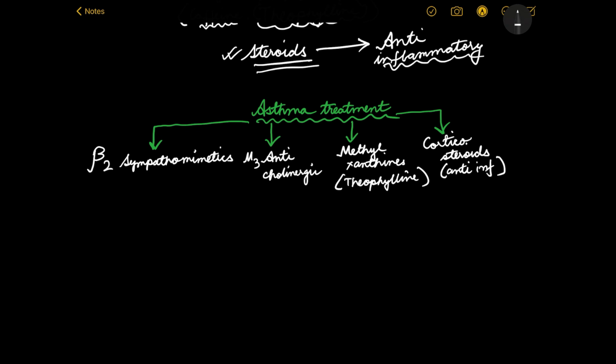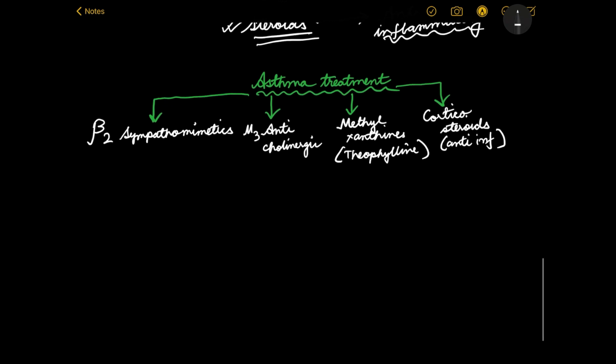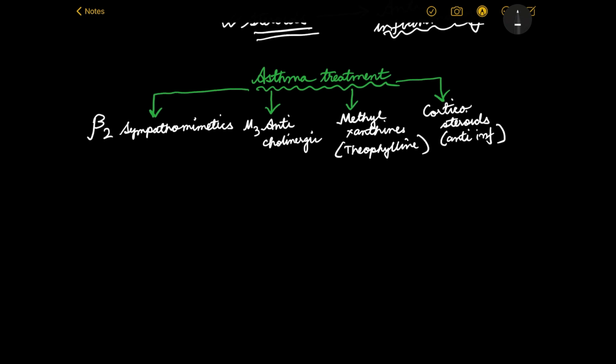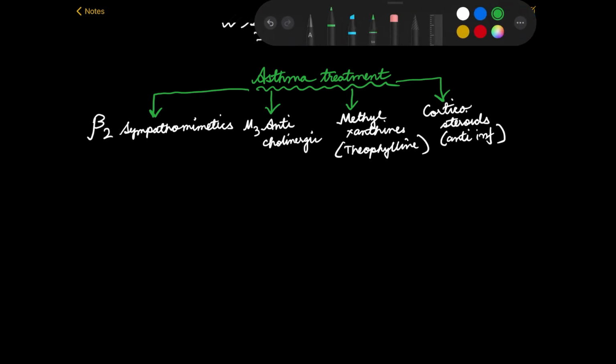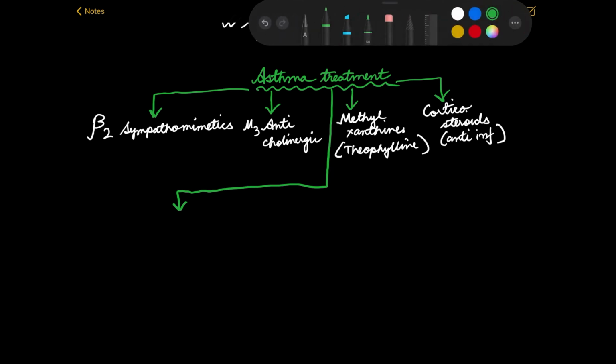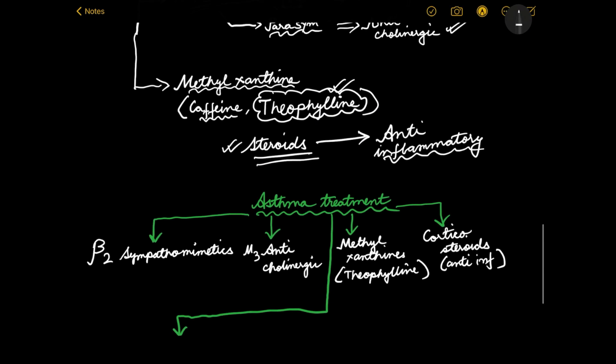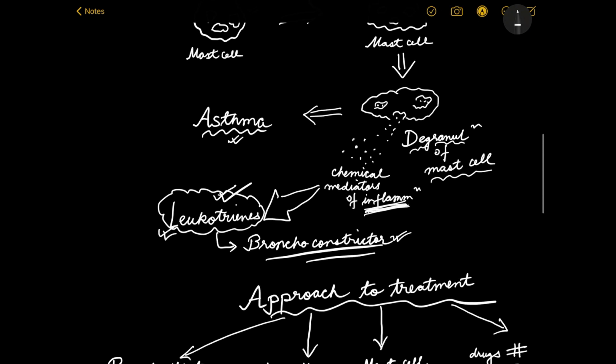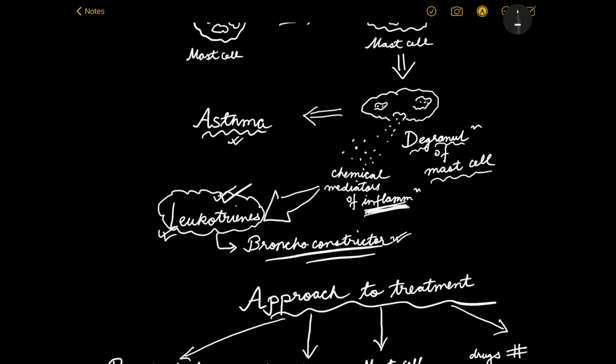Now, these are more or less bronchodilators, but there are other avenues of treatment as well, which I had mentioned. So let's talk about them. Let's go back to that diagram. We can antagonize leukotrienes. We can make drugs which will prevent leukotriene synthesis. This is more or less what is done by steroids.